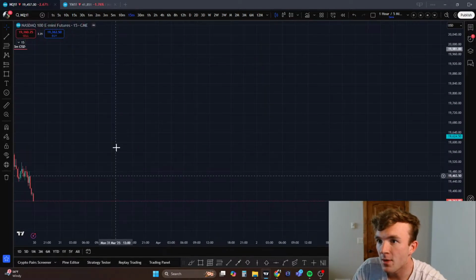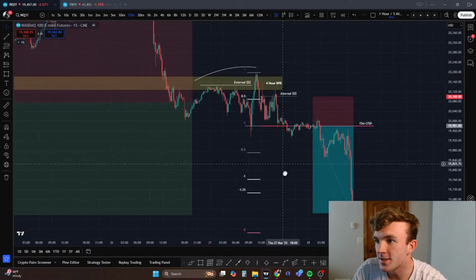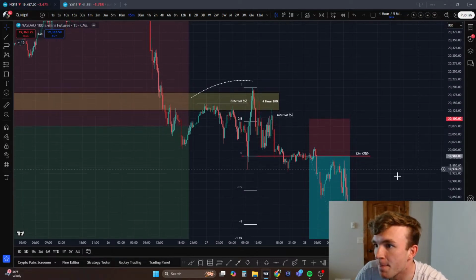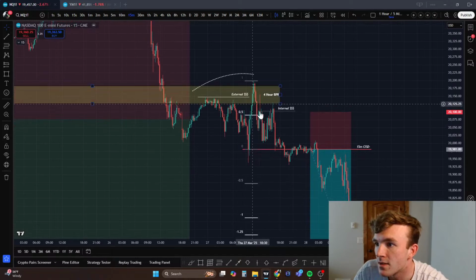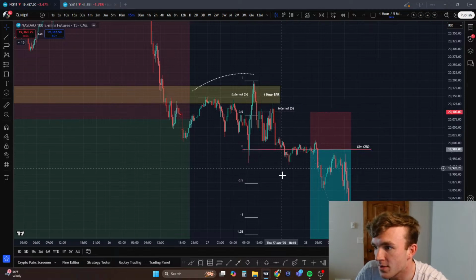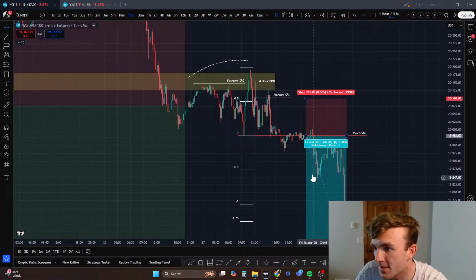And then I wonder if we had any 2022 models here. Oh, you know what we did? Look at this. Sweep, break of structure, 2022. And then break of structure, and then 2022.